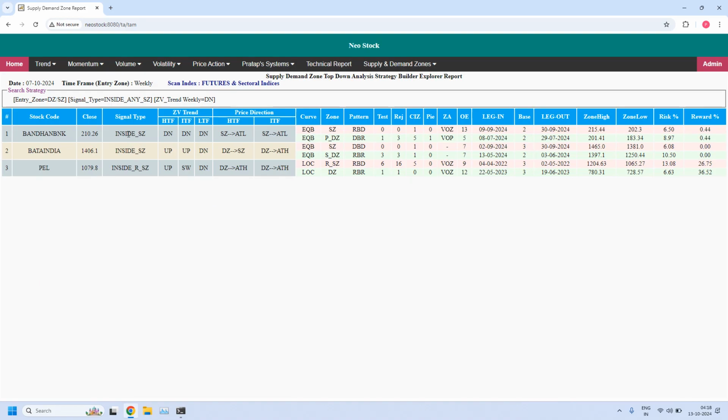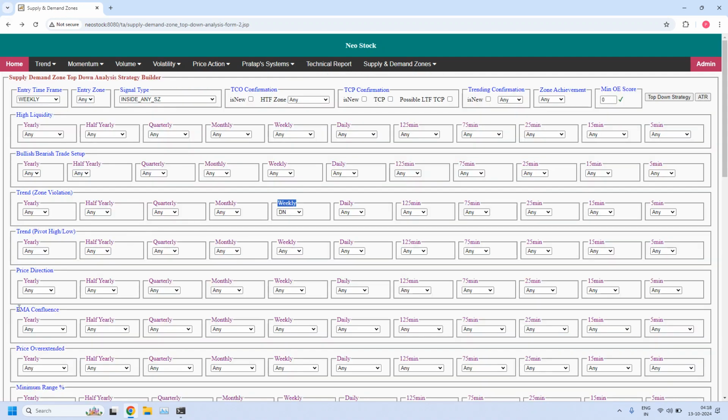But remember, prices are closed inside the supply zone. If these supply zones are having a weekly EMA confluence, there are higher chances that prices might be going down, and trend is also downtrend. So in the EMA confluence, I'm adding one more filter, weekly supply zone having weekly EMA confluence.